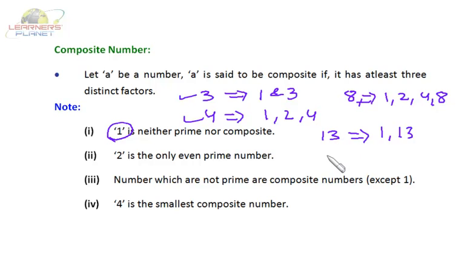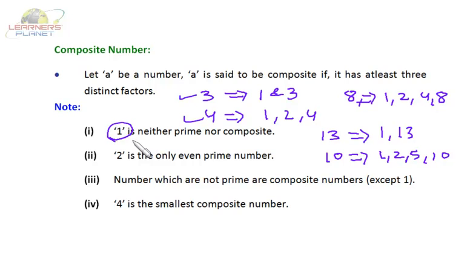Now let's see maybe 10. What are the factors of 10? It's 1, 2, 5 and 10. That means 10 is having more than 2 factors, so 10 is a composite number. I hope you are clear about the difference between prime and composite numbers. The numbers which are having at least 3 factors are composite numbers, and the numbers which are having exactly 2 factors are prime numbers.